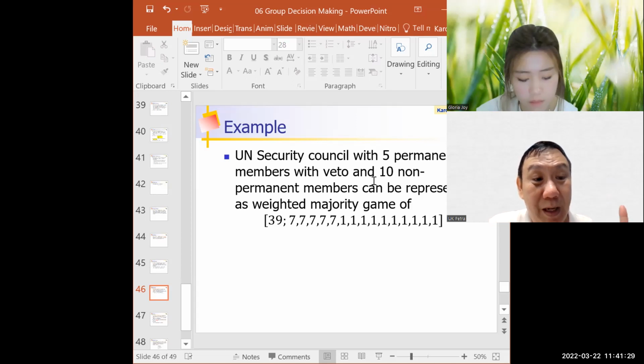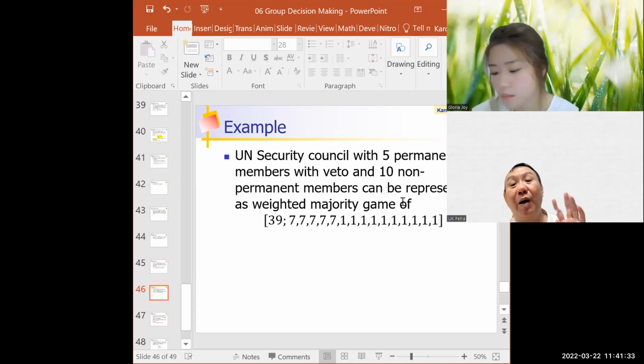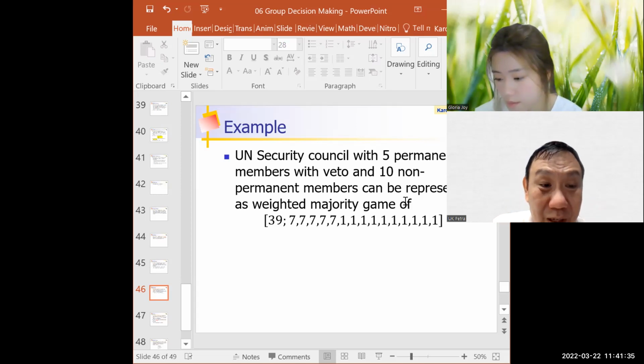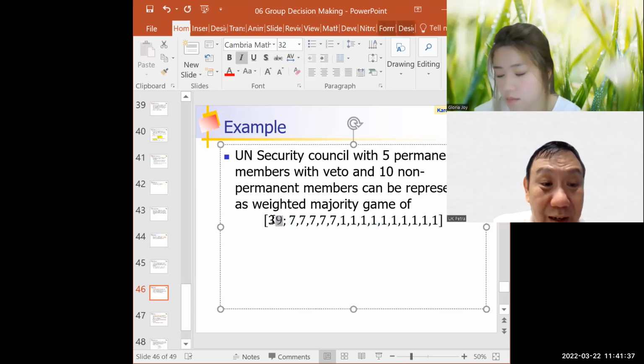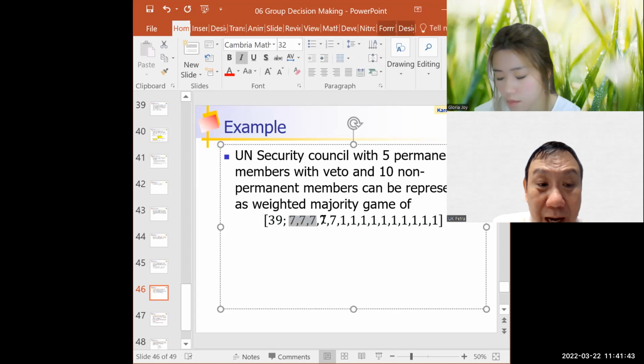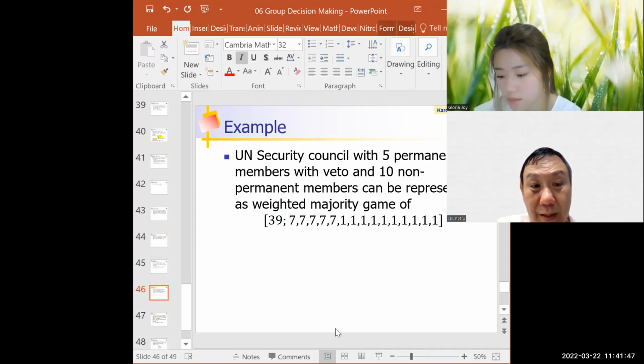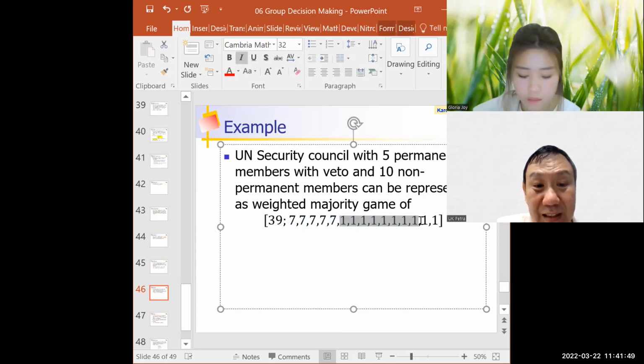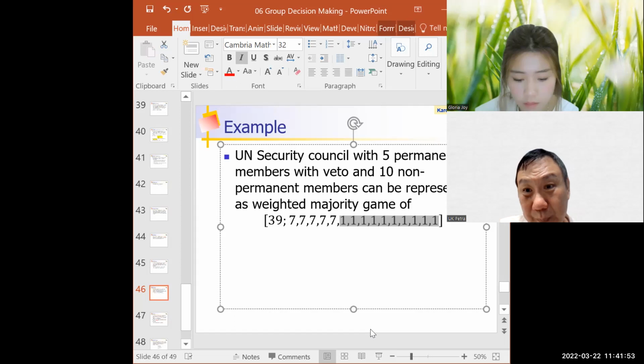That can be represented as a weighted majority game. So what is the value of the game? Here, the threshold is 39, and each of the 5 permanent members has 7. All the other non-permanent members have 1 vote.